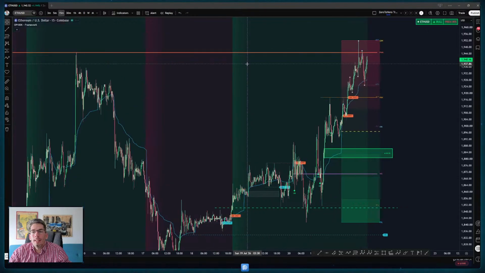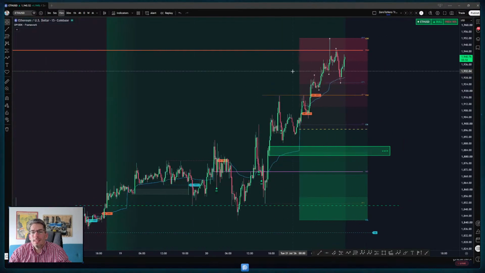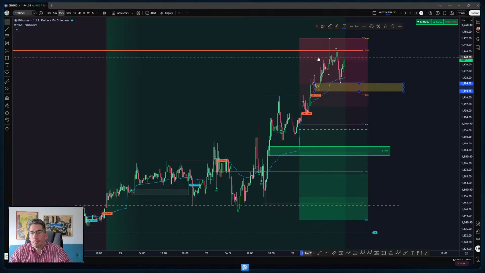Same story in Ethereum. Maybe even Ethereum a little bit better, just because we went lower over this small range from yesterday, let's say maybe today. So automatically we did that pullback.